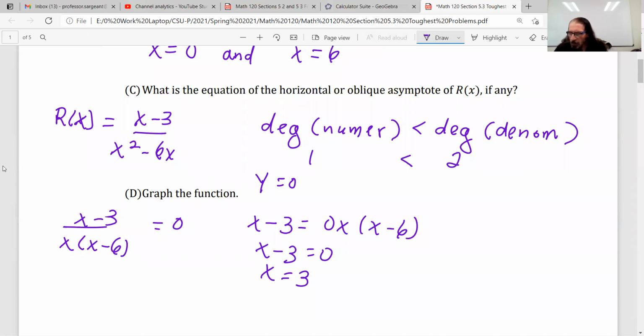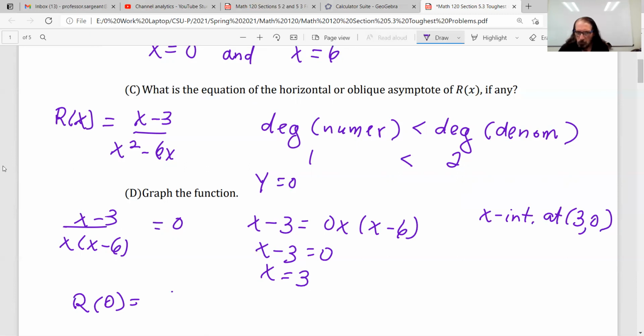So we've got one x-intercept at 3, 0. And we can also find the y-intercept. Well, actually, no, we can't, because that involves putting in x equals 0, which would make the denominator 0.